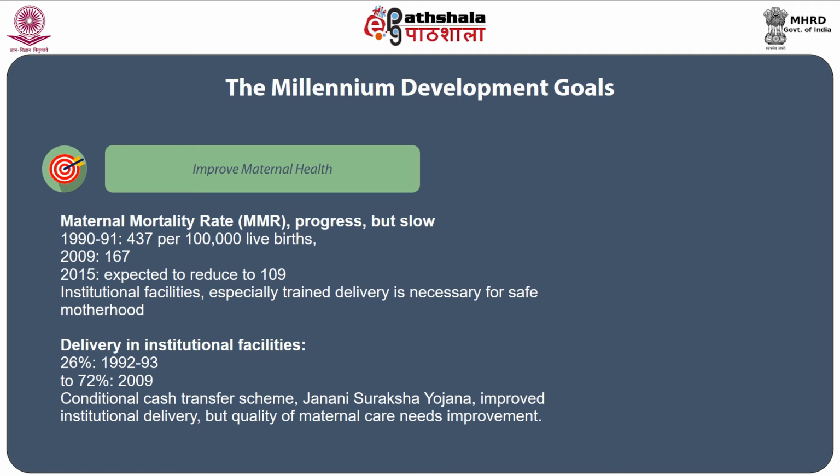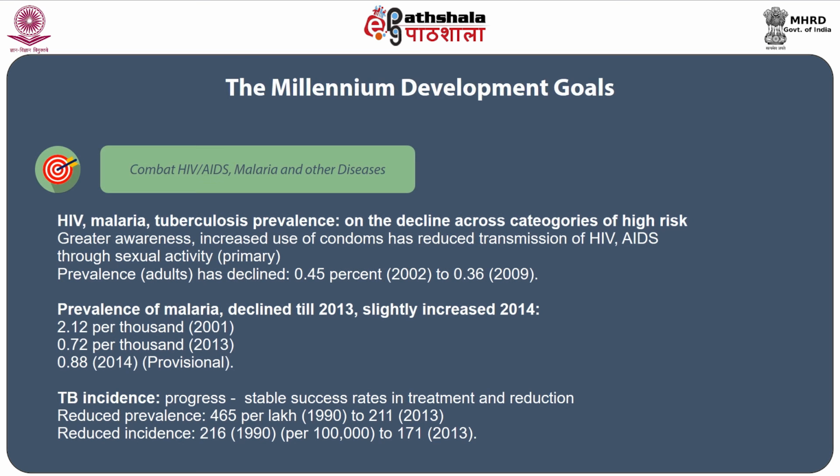The trained personnel have increased during this period from 33% to 76.2%. The conditional cash transfer scheme called Janani Suraksha Yojana has improved institutional deliveries, but quality of maternal care needs further improvement. Goal 6 emphasizes HIV, malaria and tuberculosis, with prevalence on the decline across categories of high risk.